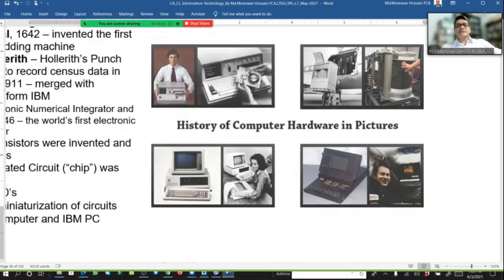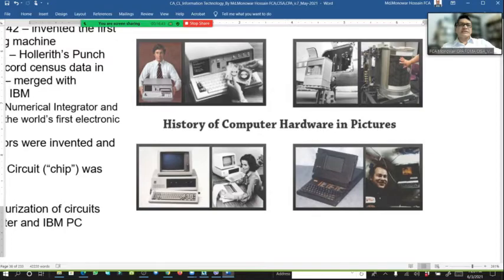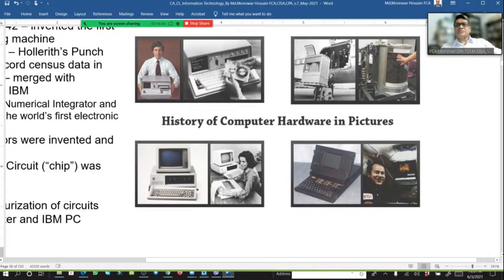Here are the different stages, year after year.